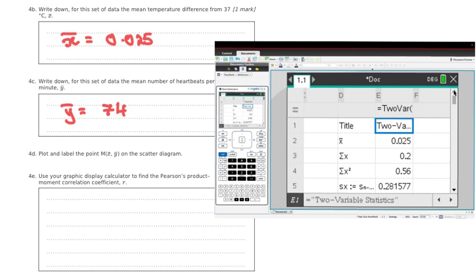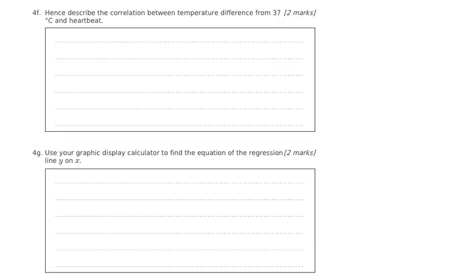And for 4E, you find that the Pearson correlation coefficient R is equal to 0.807. For parts 4F and 4G, you will also use the GDC. It is important that you do not re-input the data because that will waste time.